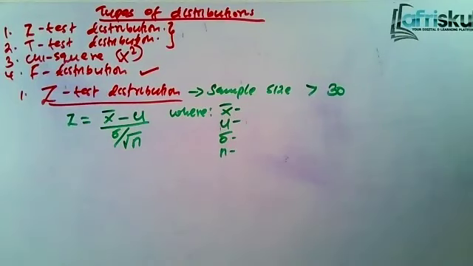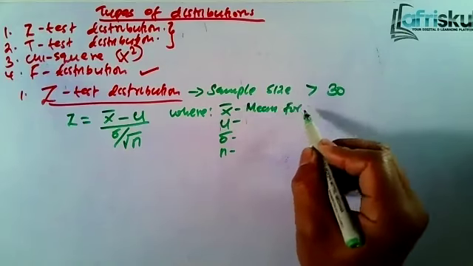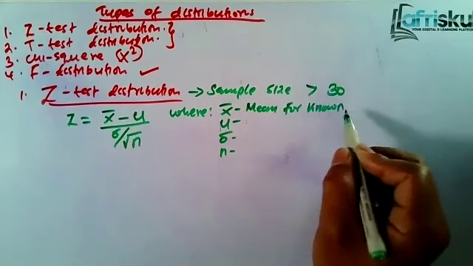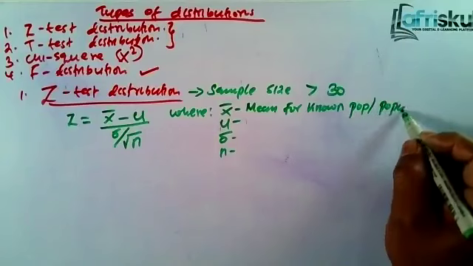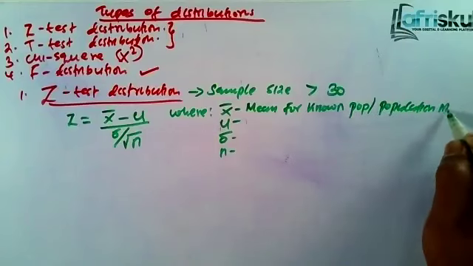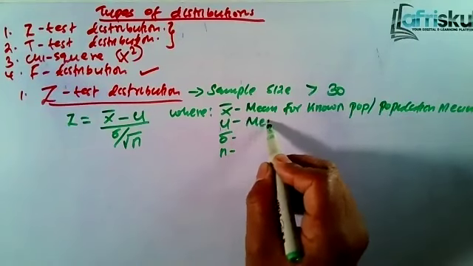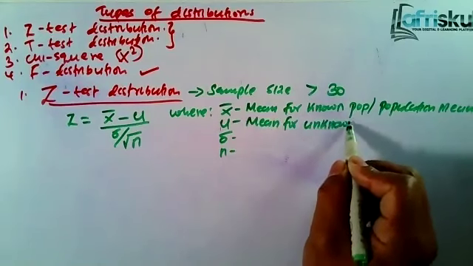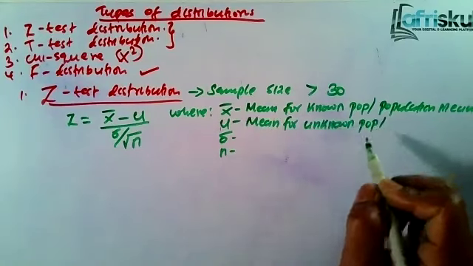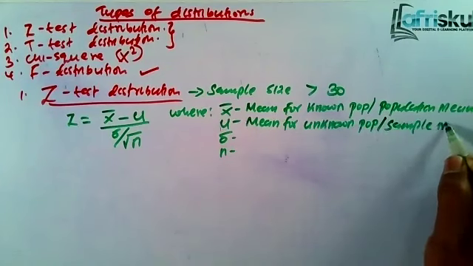Now, X bar is the mean for known population, or what we call the population mean. Then U is also the mean for unknown population, or what we also call the sample mean.